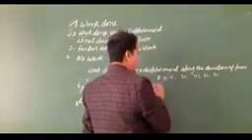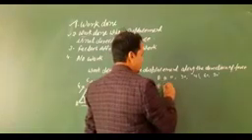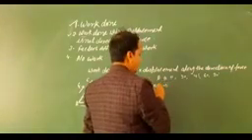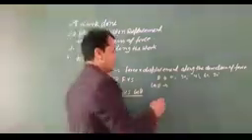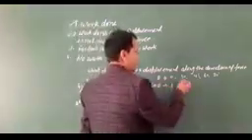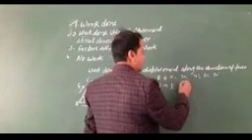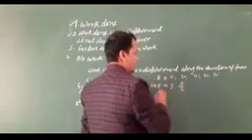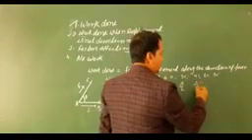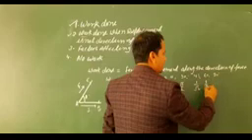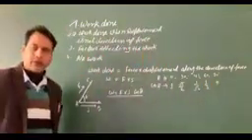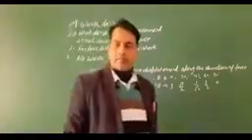Then the value of cos 0 is 1, the value of cos 30 is root 3 by 2, cos 45 is 1 by root 2, cos 60 is 1 by 2, and cos 90 is 0. So it is clear that work done depends on the angle between the force and displacement.